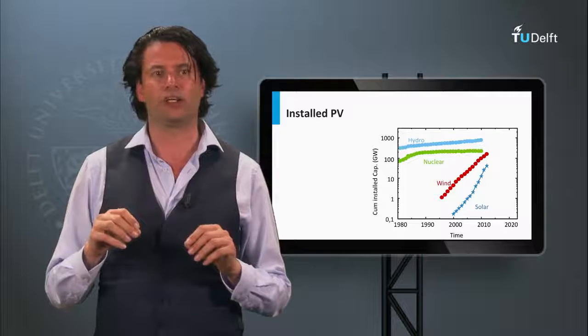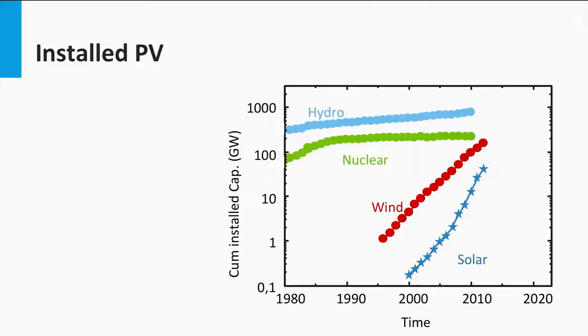Note that this is a logarithmic scale. Here, we only consider the energy sources which are not based on fossil fuels. Light blue represents hydroelectricity, dark green represents nuclear, red represents wind, and dark blue represents solar.